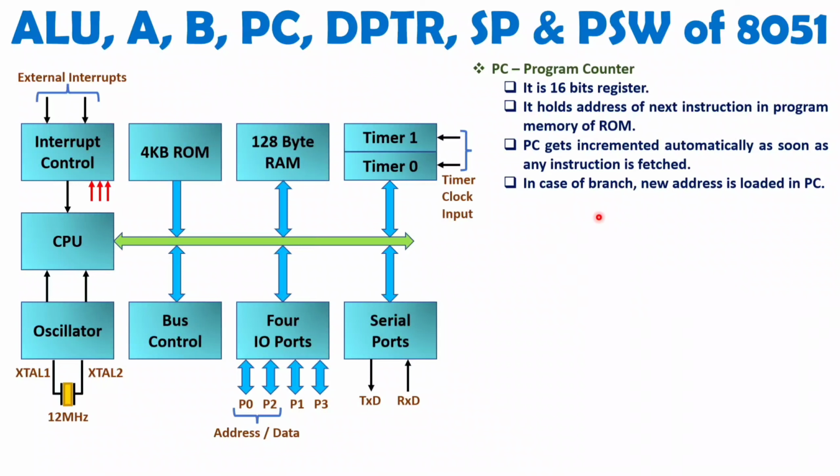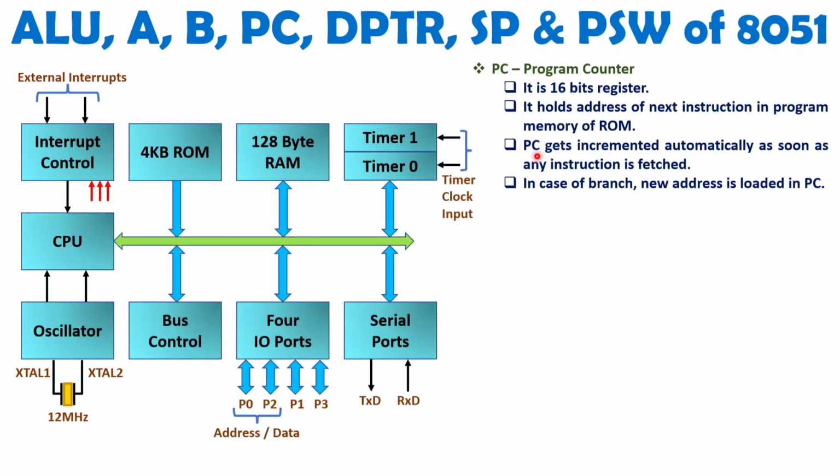Let us say the first instruction is getting fetched. The PC will automatically be incremented by 1 and will now point to the next instruction. Once the first instruction is executed, the PC already has the next instruction's address, so the next instruction is ready to be fetched. Once it is fetched, the PC again automatically increments and points to the third instruction, and it waits till the second instruction is executed.